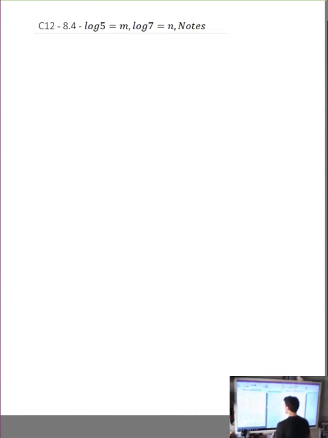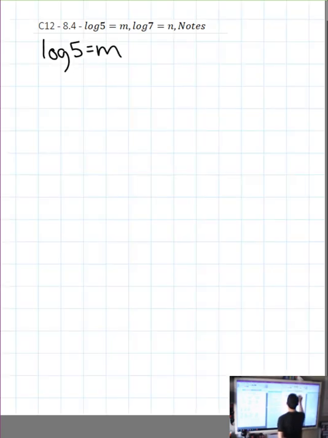Okay, let's do an application of Rule 4 and 5. So let's say, for example, log 5 is equal to m, and log 7 is equal to n. Well, let's say we have a question like log 25.